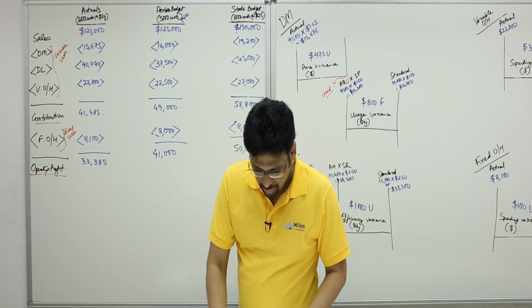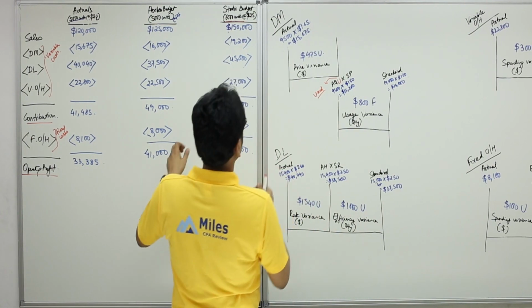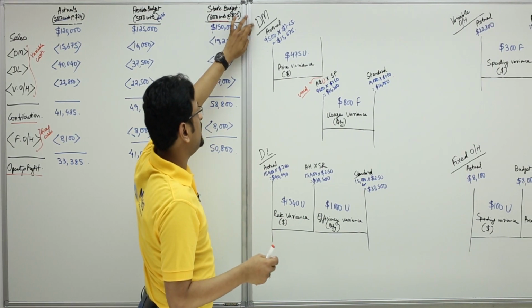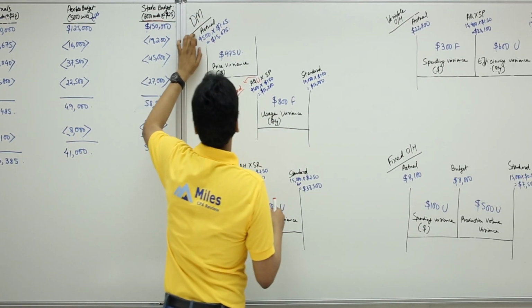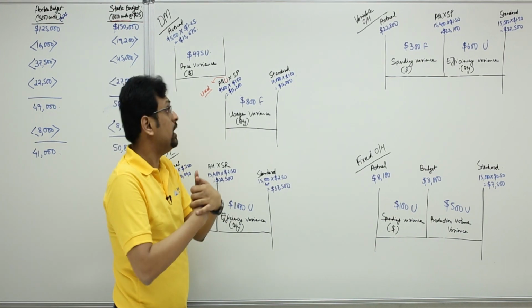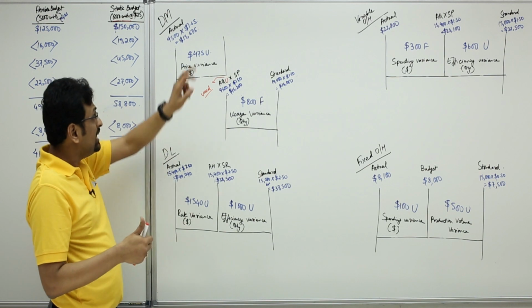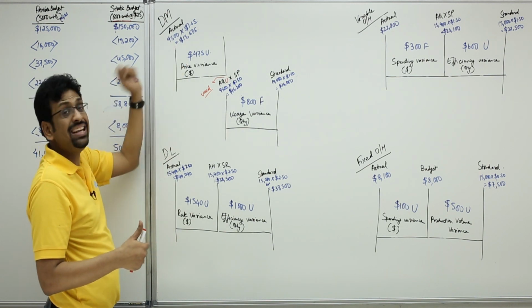Looking at the costs first. So let me use my board and then get back to the dashboard. So looking at direct materials, the standard for direct materials, 5,000 units is $16,000. These guys, they only used $15,675.